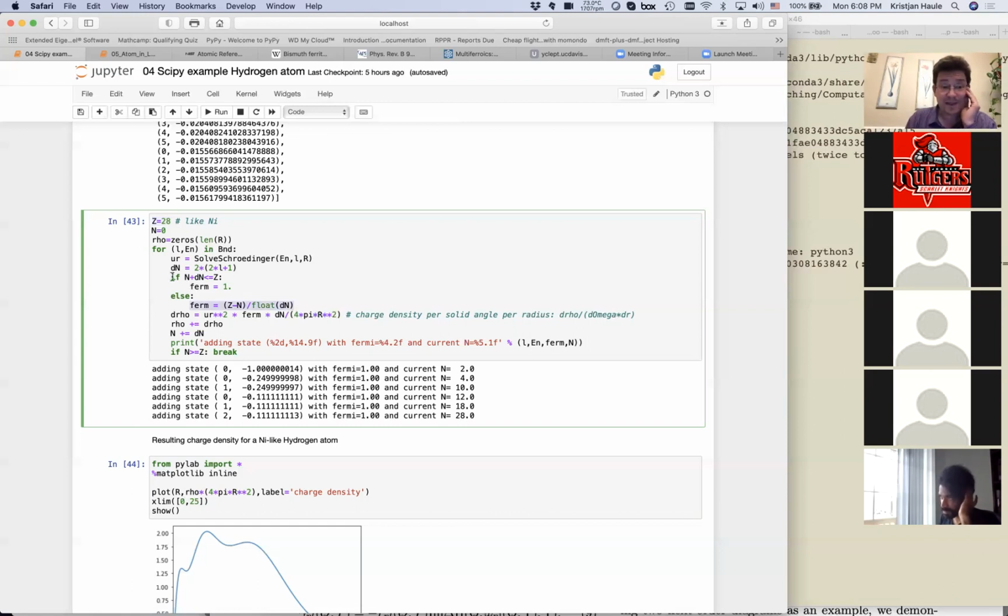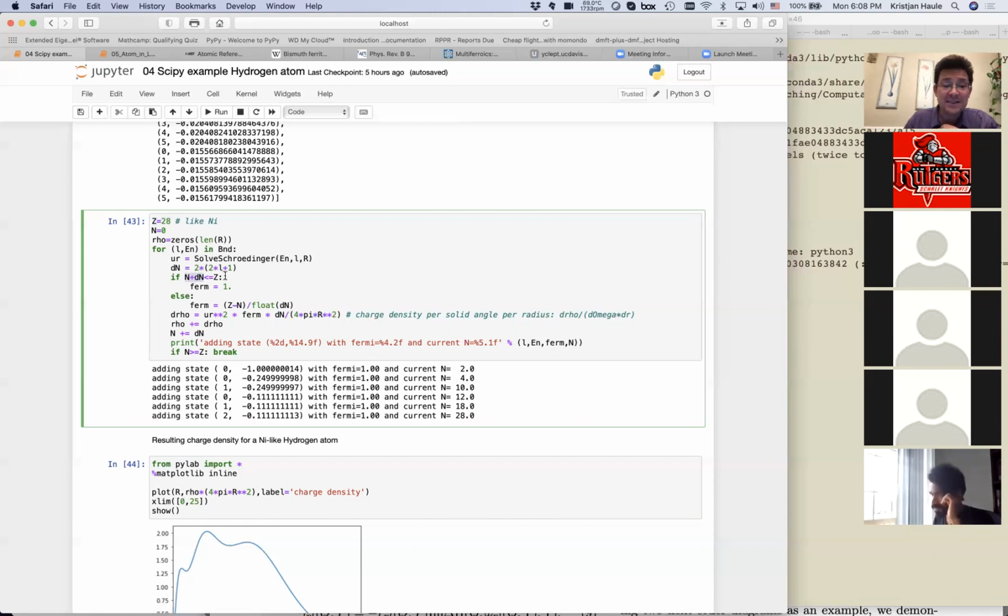Well, if this particular degeneracy of the orbital is less when we add all the orbitals up to now. So n counts the occupation of all the orbitals up to now, and then we add this particular orbital to all the orbitals up to now.